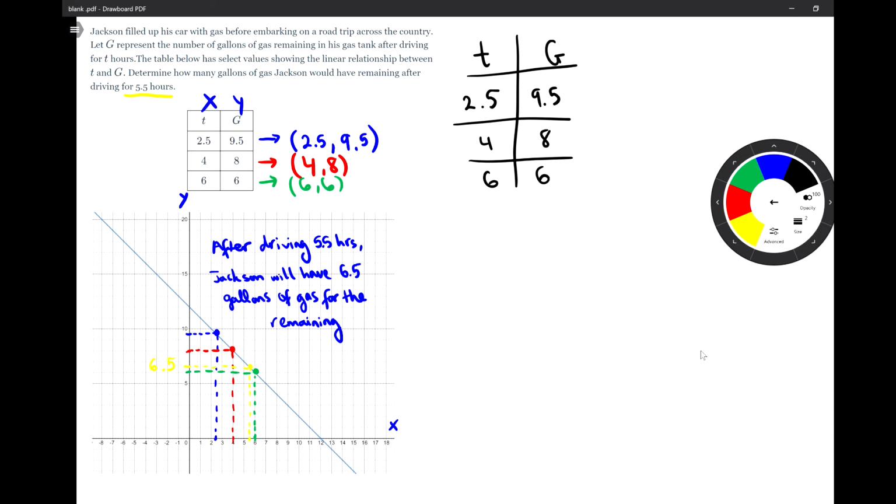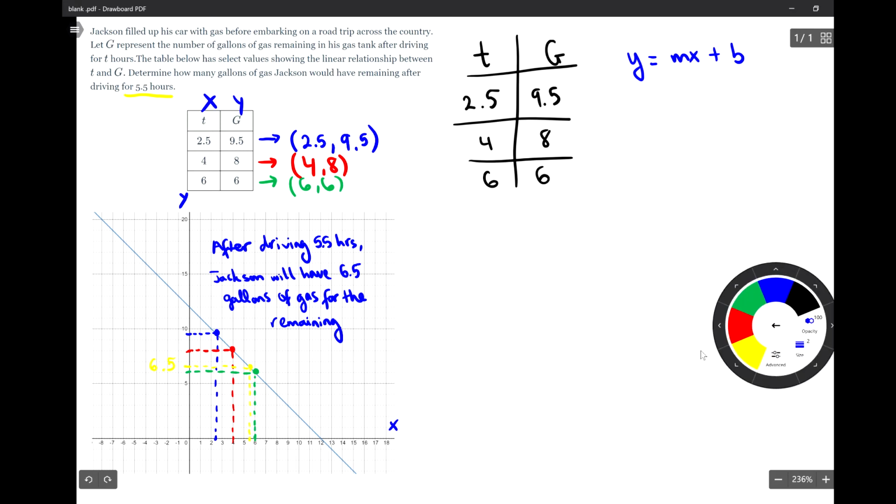In order to find the equation, we have to think of the equation for a linear function, which I expect you know, in slope-intercept form. We call it y = mx + b.